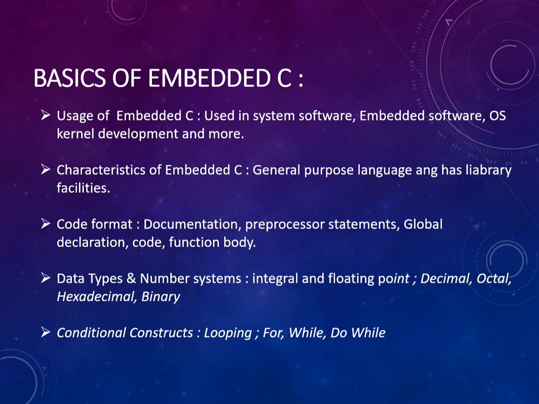These are used for the programming. When writing the program, we have to follow rules: declaration rules, global declaration, local declaration. Then data types and number systems: integral and floating point, decimal, octal, hexadecimal, binary.